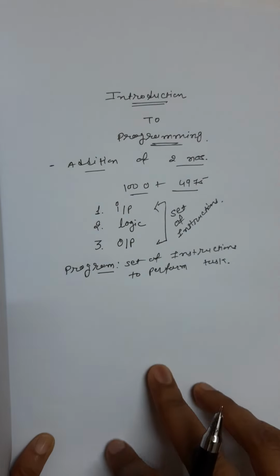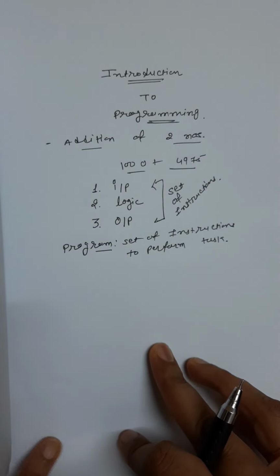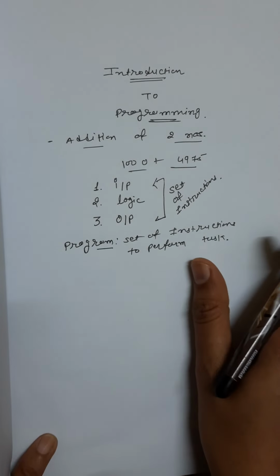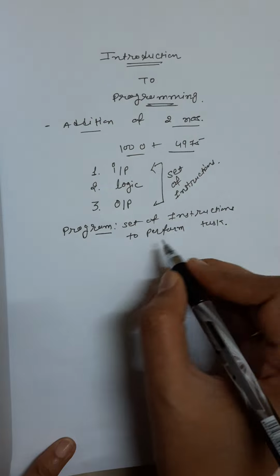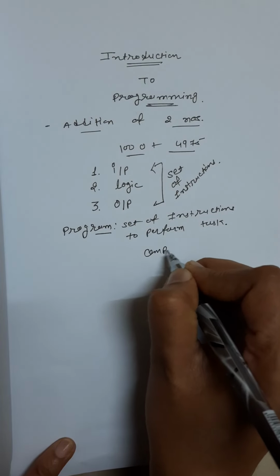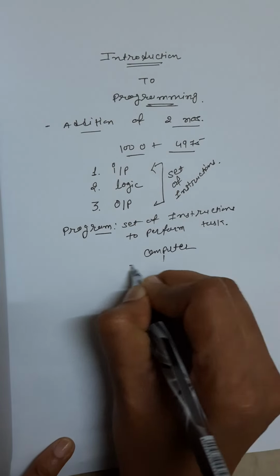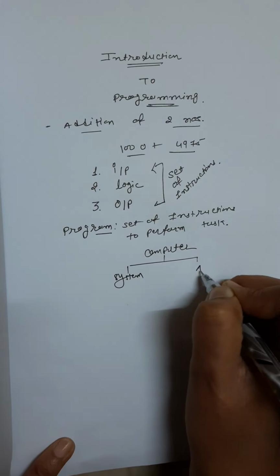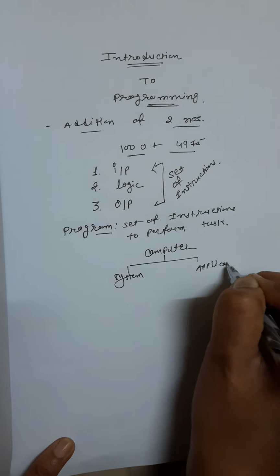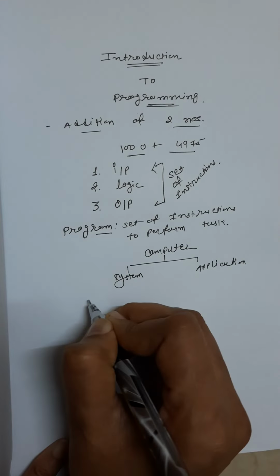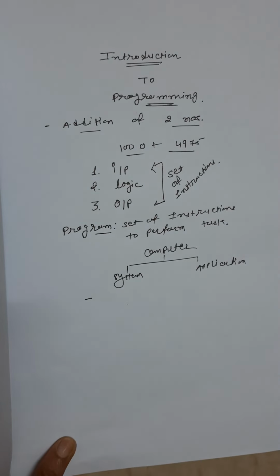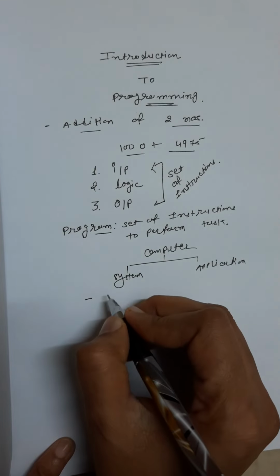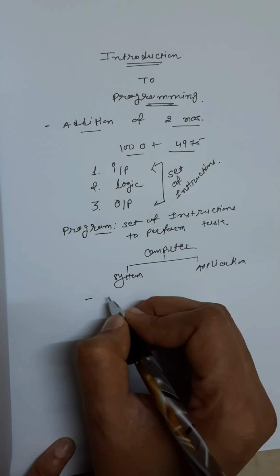Okay, so whenever we use a computer, it actually consists of two types of software. One is system software and another is application software. Okay, so what is this system software? The duty of system software is just to manage the resources of the computer.